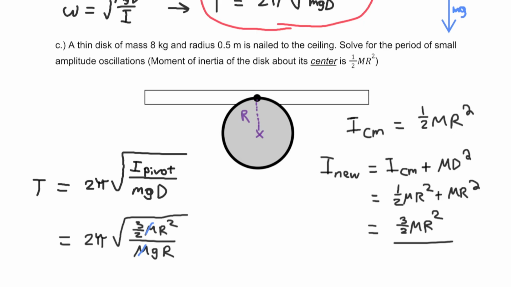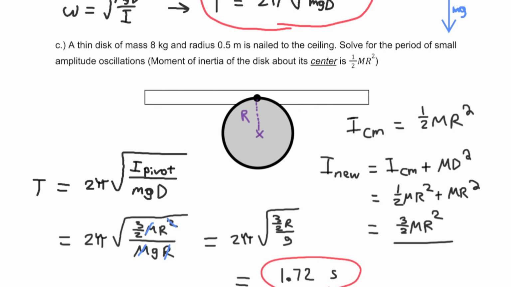The m cancels, one of the r's cancels, and we do have something that looks like the period of a pendulum, because we get the square root of a distance divided by g. And working this out, we get about 1.72 seconds for this disk to oscillate back and forth.